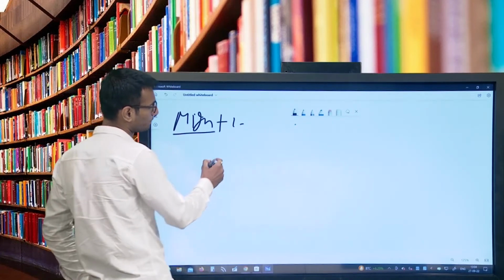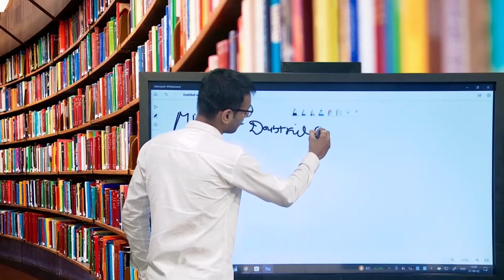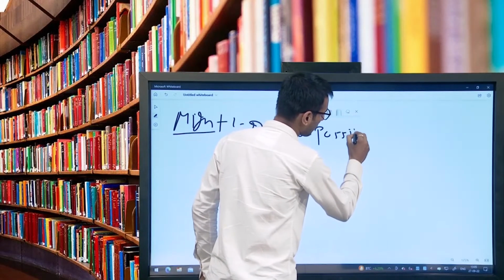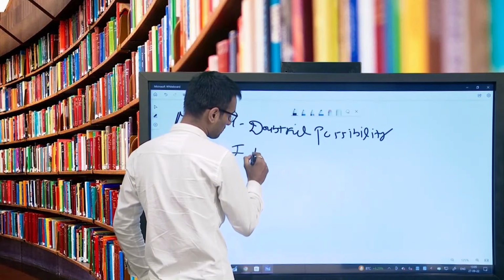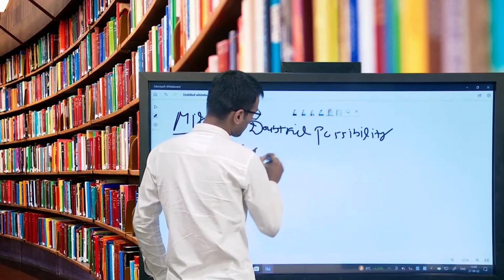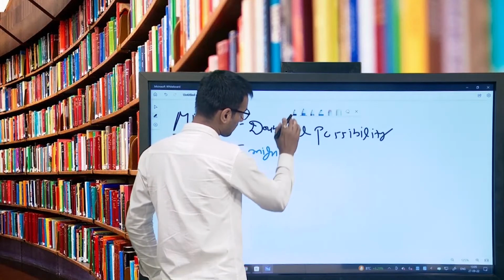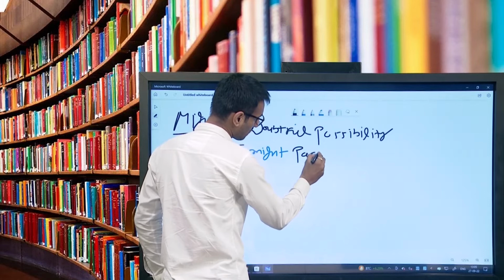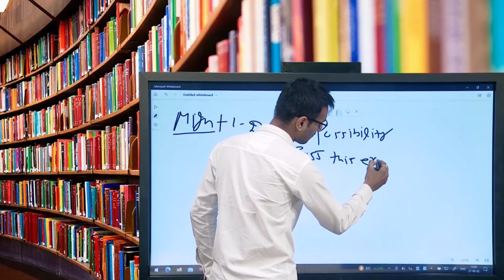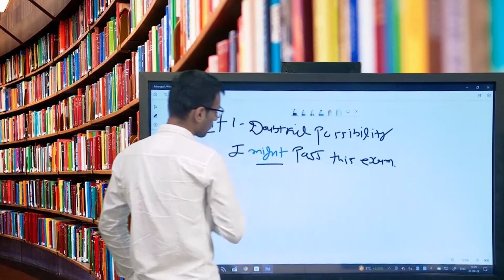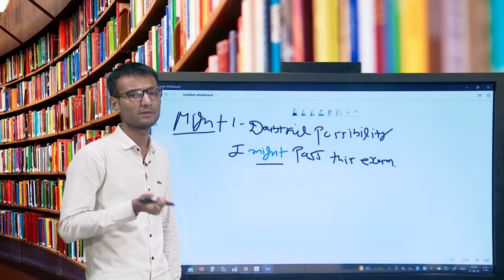Like for example, I might pass this exam. હું કદાચ આ પરીક્ષા પાસ કરી દઈશ.